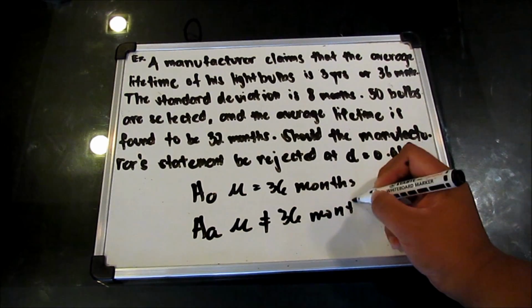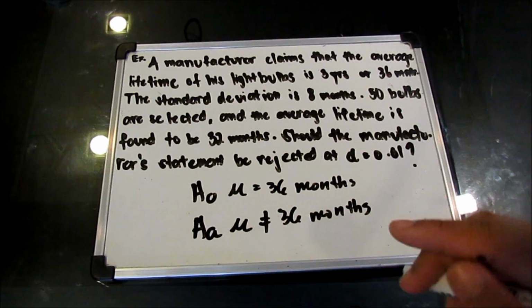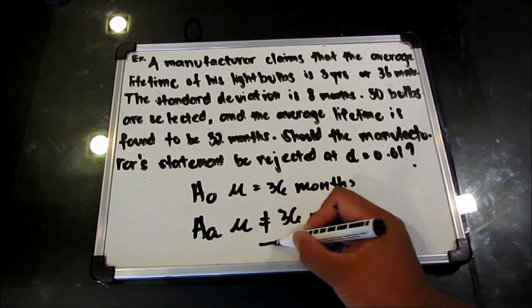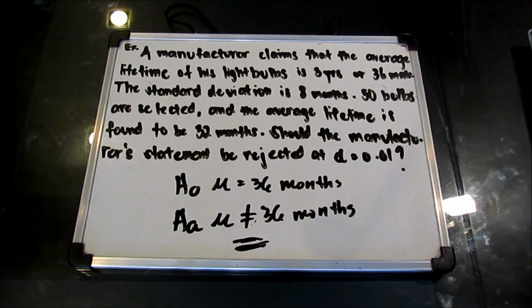So the question is, why is it not equal in the alternative hypothesis? The reason is that, as stated in the example, a manufacturer claims that the average lifetime of his light bulbs is 3 years or 36 months.